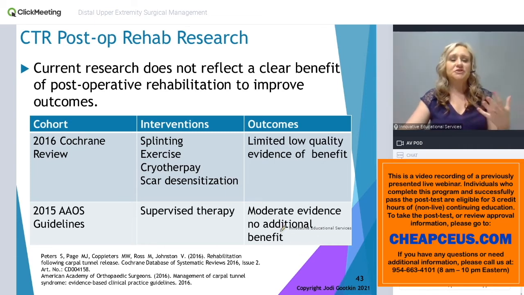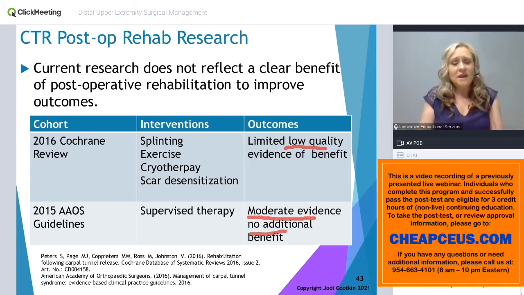When we look at supervised therapy and specific exercise and interventions we perform, there's low quality evidence of a benefit and moderate evidence that there's no benefit of rehab. It did seem that patients got better even without therapy after their surgical intervention.